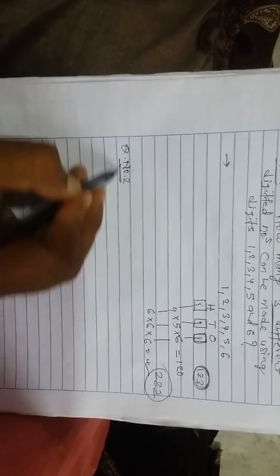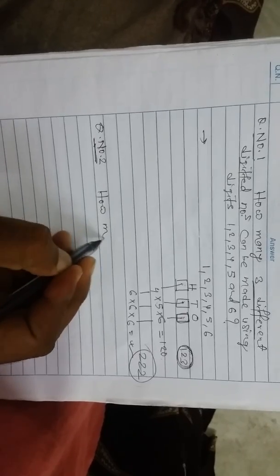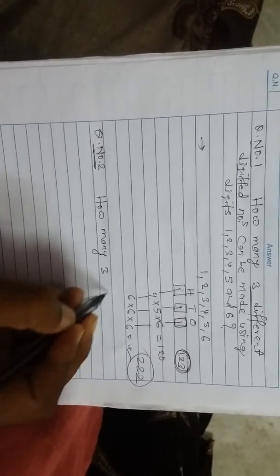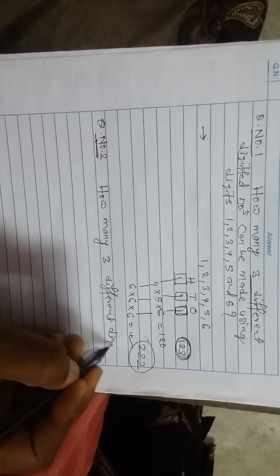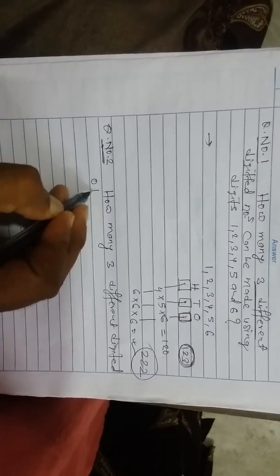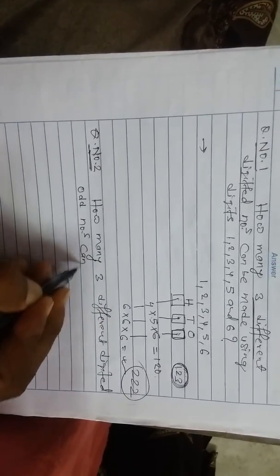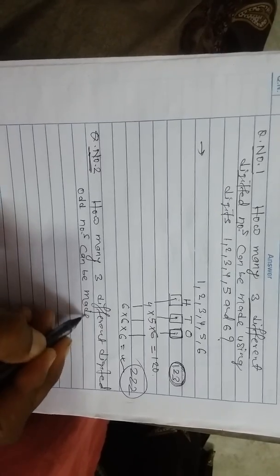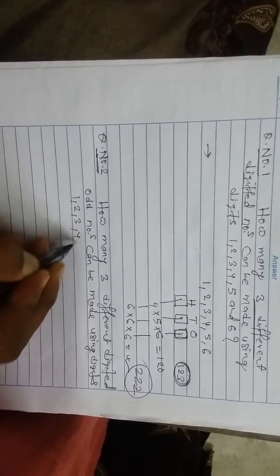I am going to add one single word in the same question. How many 3 different digited odd numbers, odd is added here, everything same otherwise, can be made using digits 1, 2, 3, 4, 5, and 6.